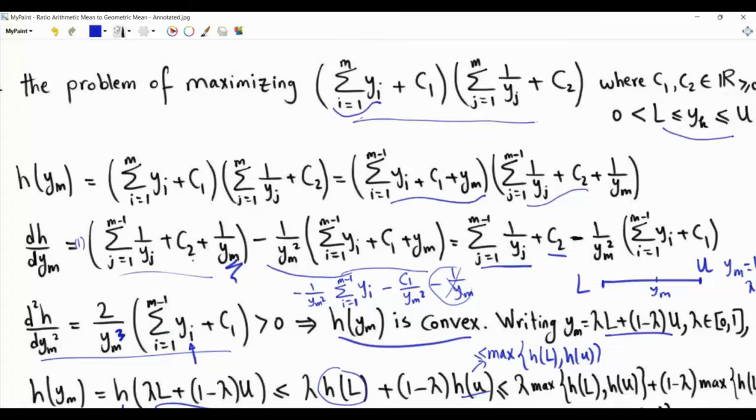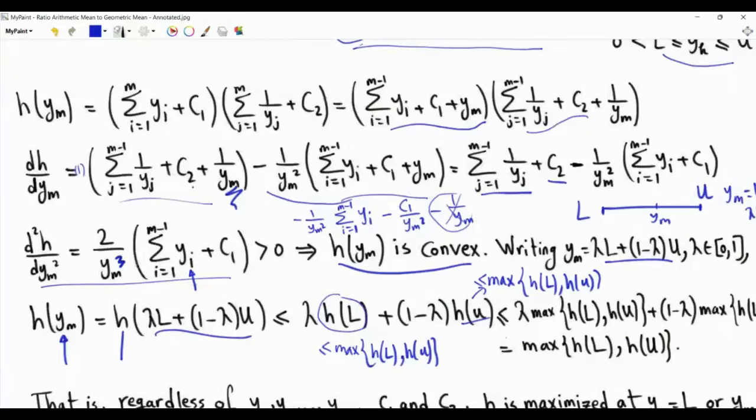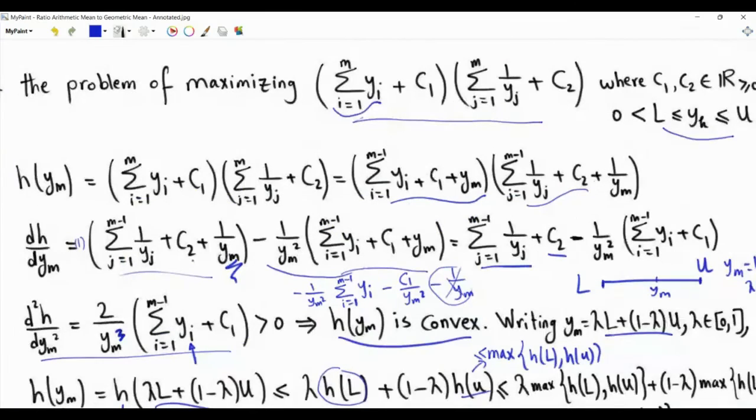If we are interested in maximizing such a quantity, then for variable ym, H of ym is less than or equal to H evaluated at the endpoints L and U. So to maximize, and regardless of the other choices for the y's, we should take ym to be either L or U. The reason for this is that convexity is proved regardless of what those have.